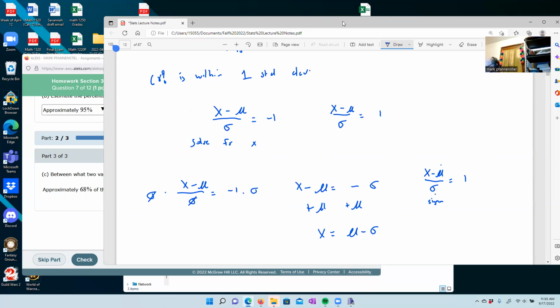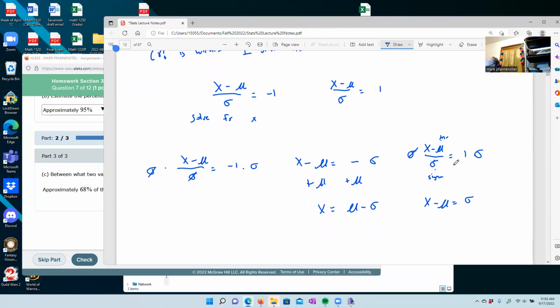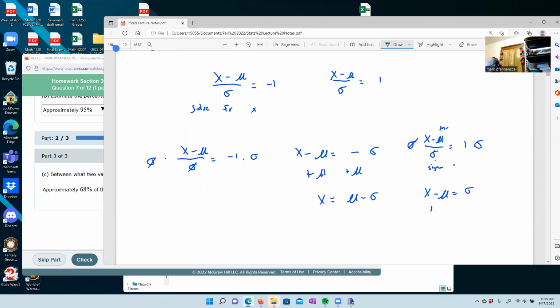I write mine like a sideways 6, and then this is mu. So we multiply both sides by the standard deviation. That cancels. We have x minus mu is equal to sigma, and then we add mu to both sides. So we have x is equal to mu plus sigma.